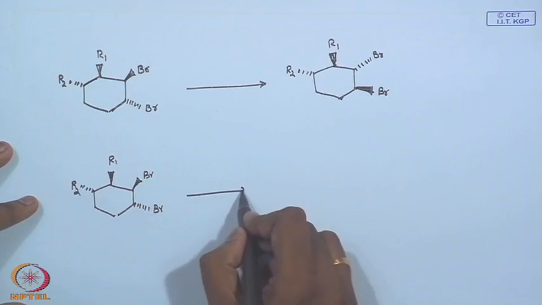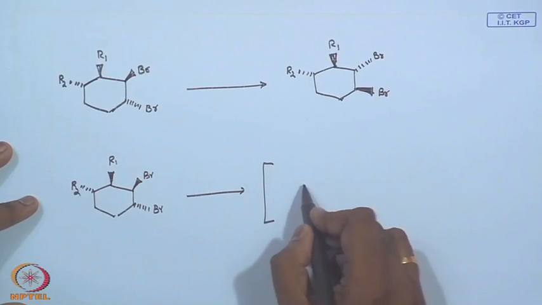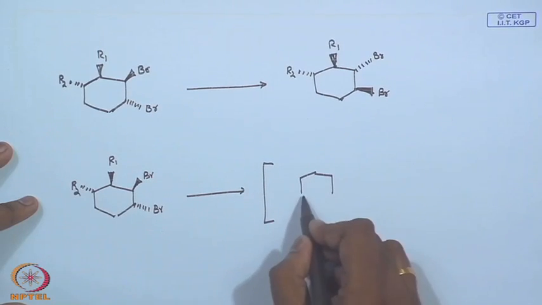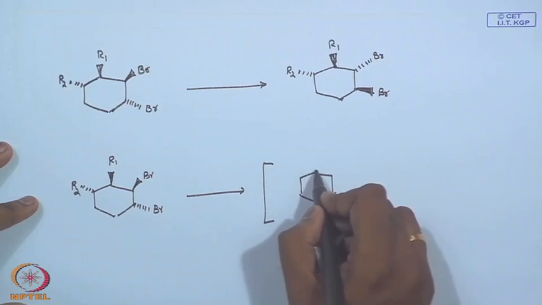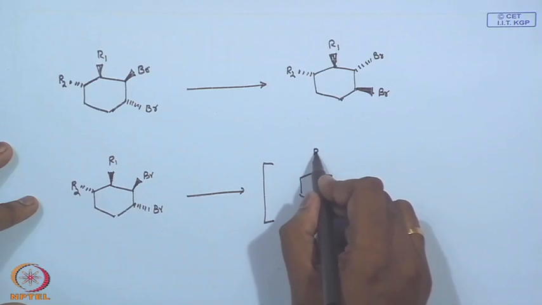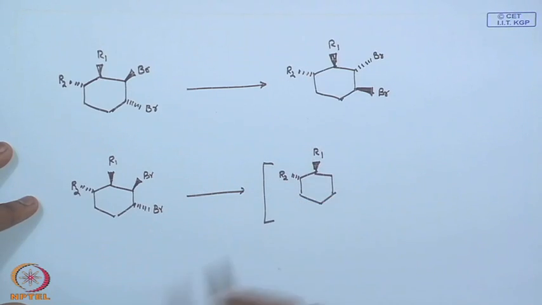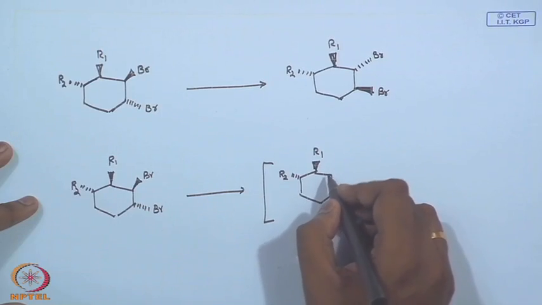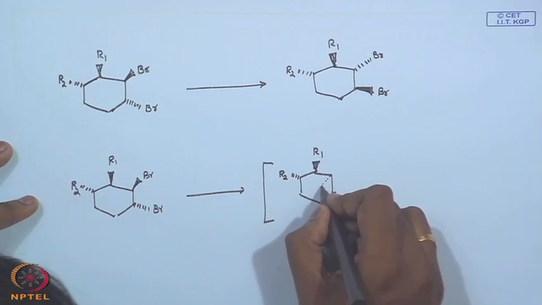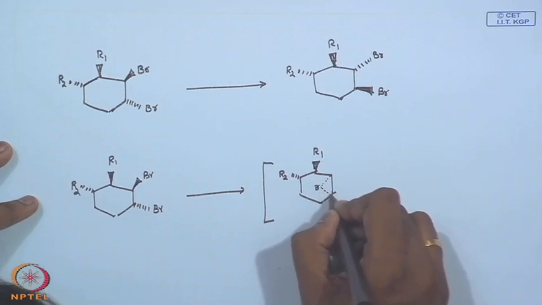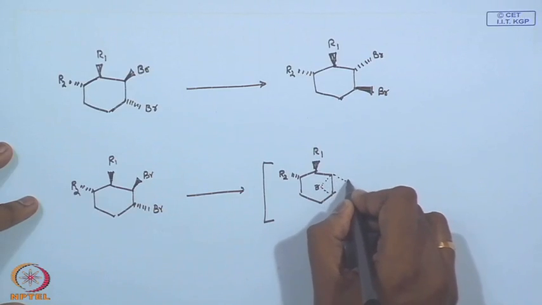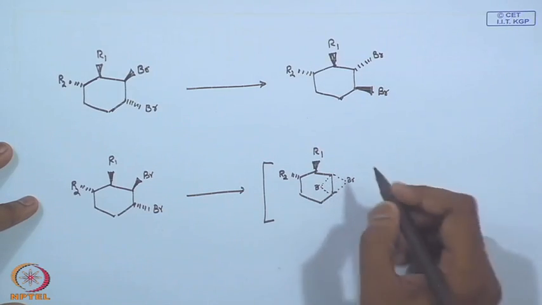You get a transition state where I can write it like this, with Br and Br.